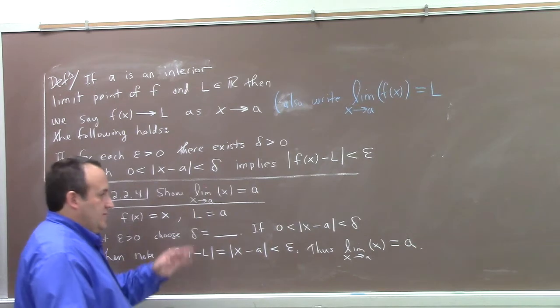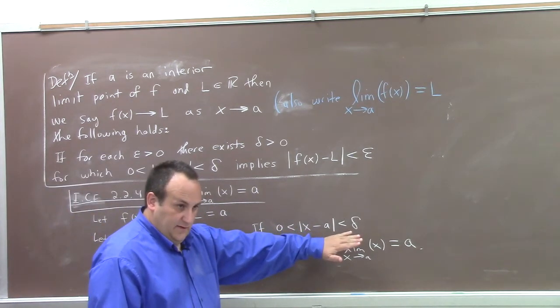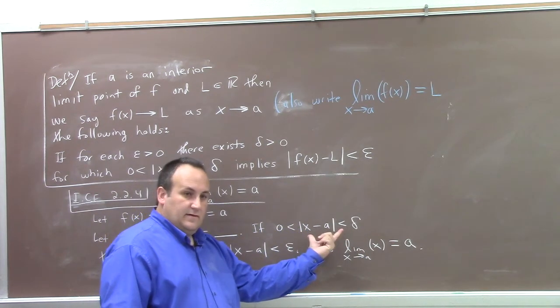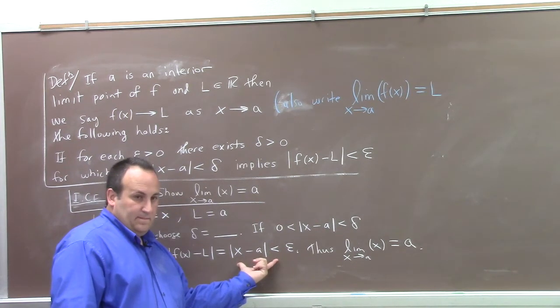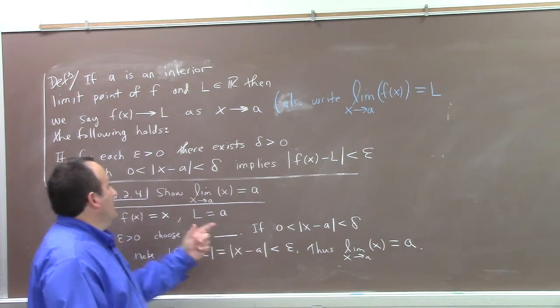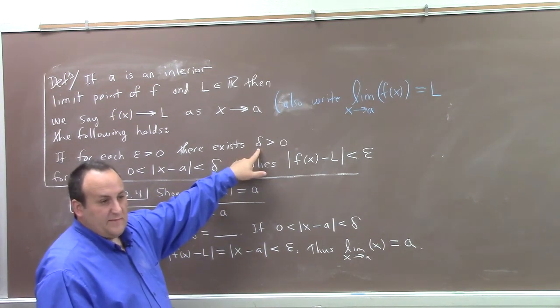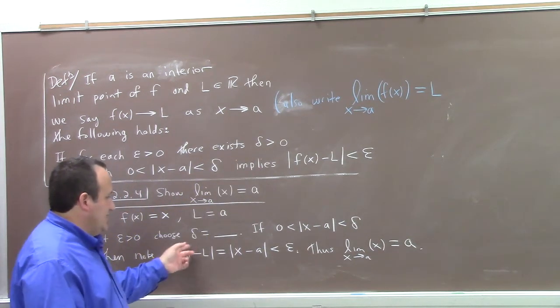See, we get control here. Basically, we want to put something here that forces this to happen. So generally speaking, when you're working the proof out, this delta will be some function of epsilon. Now this one, we just make delta equal to what?